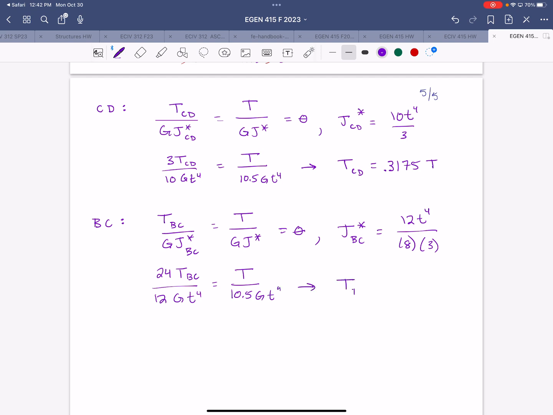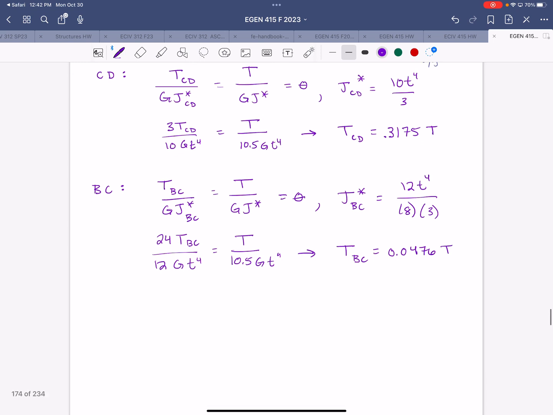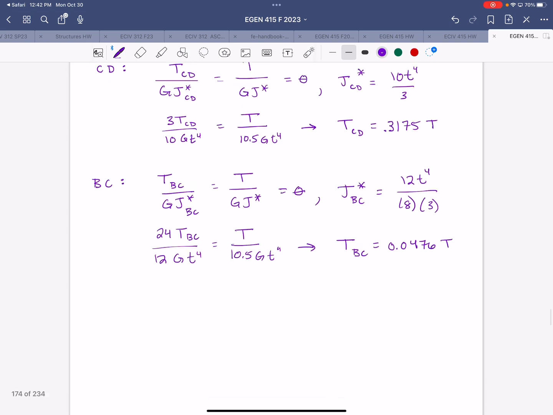So the torque in BC is 0.0476 times the torque. All right, and then check it. The summation of the individual segment torques should be equal to the total torque. And that does check out.